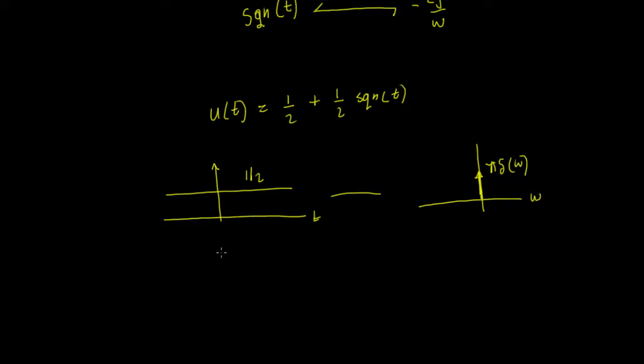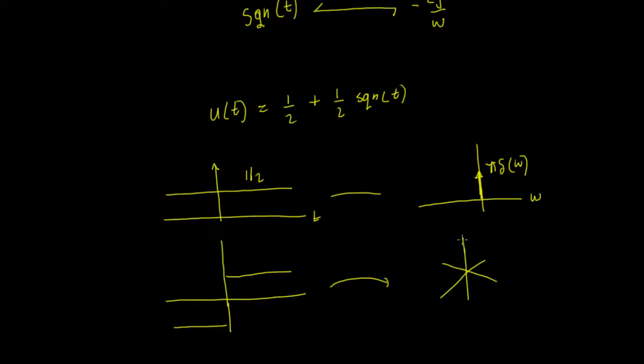Now the half signum function is going to look like that. And the Fourier transform of that signum function is what we just saw in the graph there, so it's something like that. If that's the imaginary part, and that's omega, it's going to have some function that looks like that.